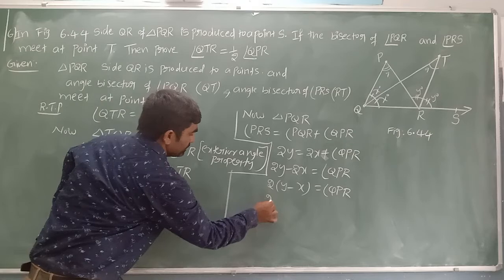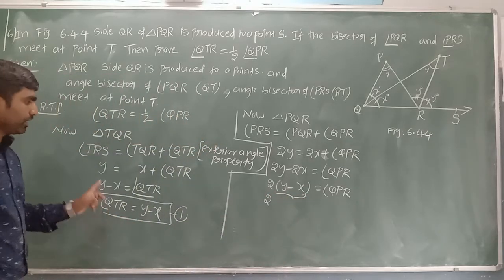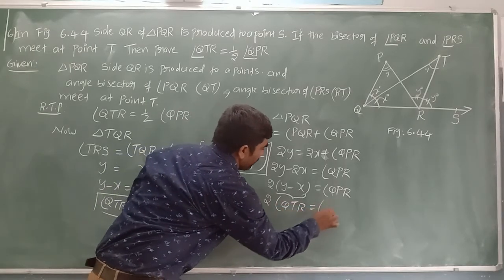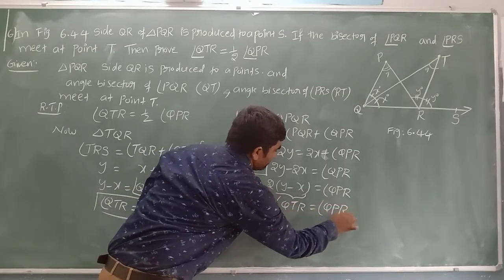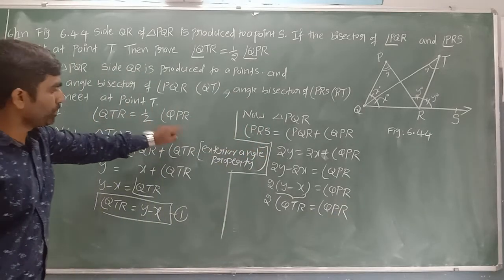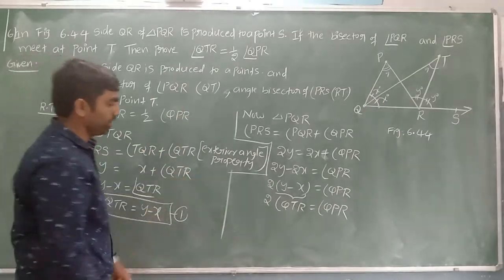Now 2 into y minus x. What is y minus x value? Angle QTR. 2 into angle QTR is equal to angle QPR. I think so we completed. QTR is equal to half of QPR. Yes, these two we have transposed so that we can see the RTP here clearly.